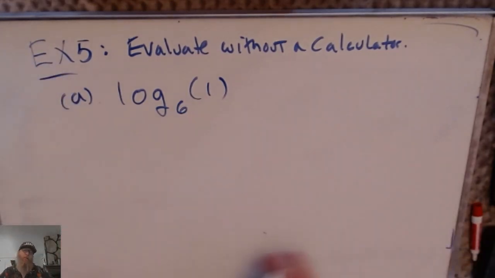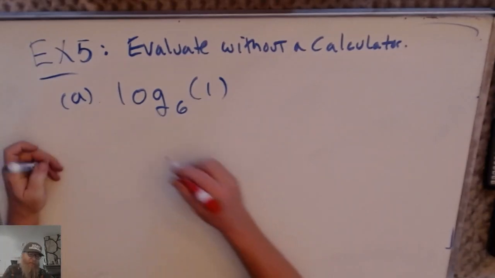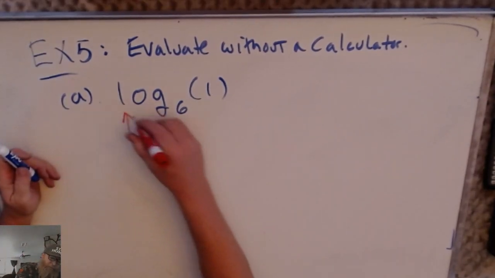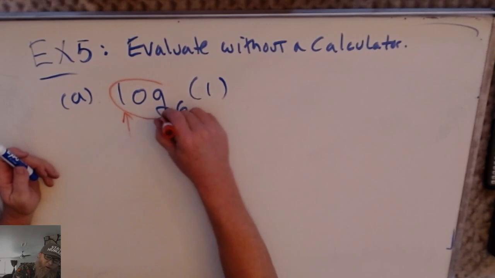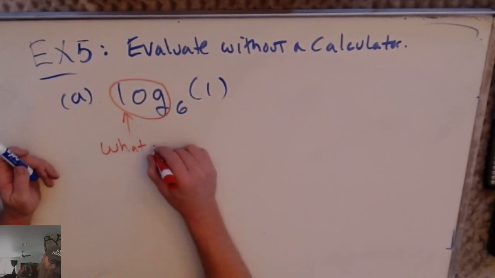I don't want to write all the parts down right now. It's going to have multiple parts, but I just want to talk about each part independently. So when you are evaluating a logarithm, it's very important that you read it in the following way. The word log, you should read this as what power?